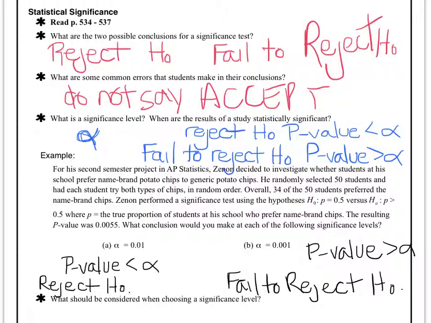Notice the only difference in the two context sentences is for this one we say there is convincing evidence, and for this one we say there is not convincing evidence. Then what we have to do is always say it in context. And don't forget, you need to compare the p-value and alpha when deciding to reject or to fail to reject.